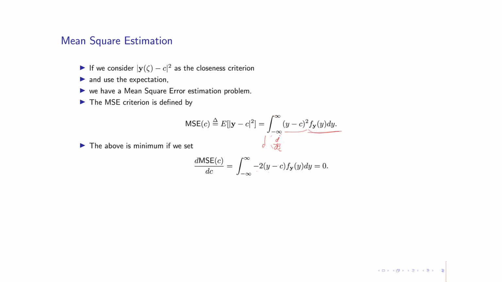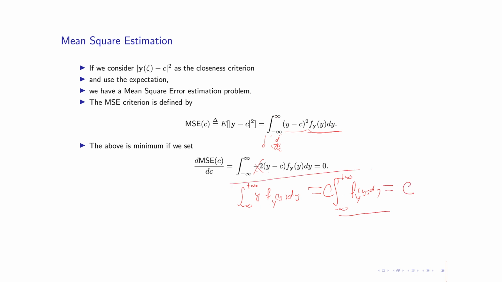If you set it equal to 0, you can eliminate this constant, and then you could write the integral from -infinity to +infinity of y f_y(y) dy, minus the integral of c f_y(y) dy from -infinity to +infinity, shall be equal to 0. If the difference of two numbers is equal to 0, they shall be equal to each other. This c is a constant, so you can take it out of the integral, and the remaining integral should be equal to 1, so this is equal to c.